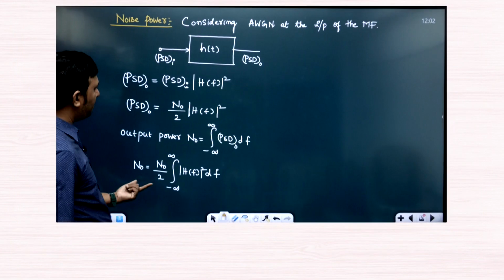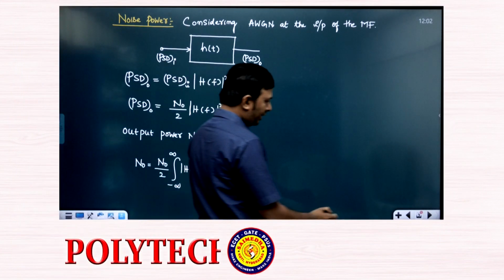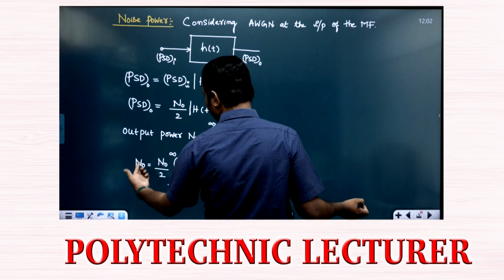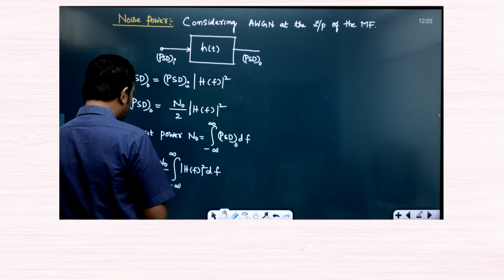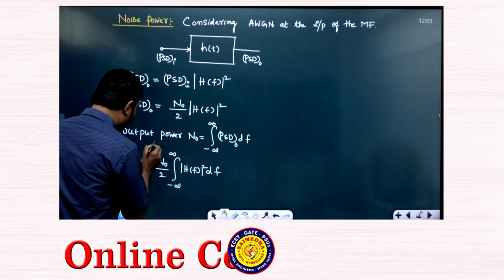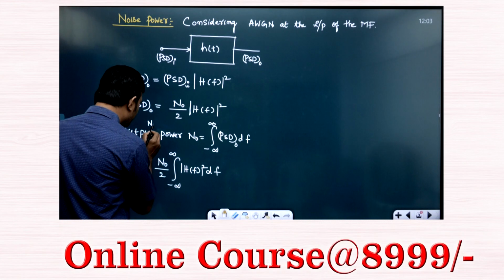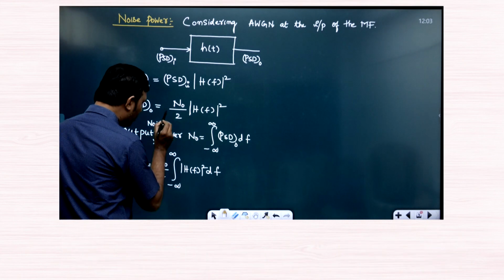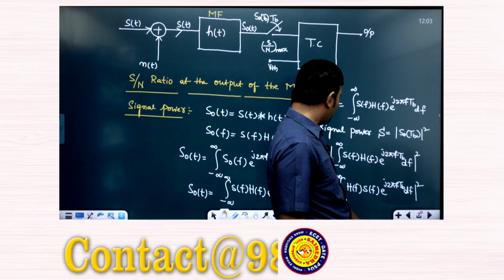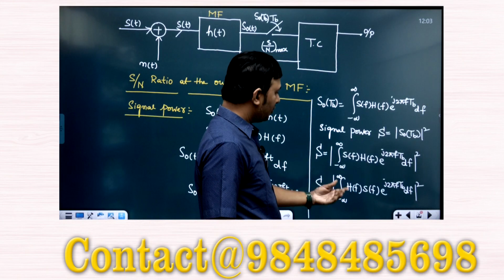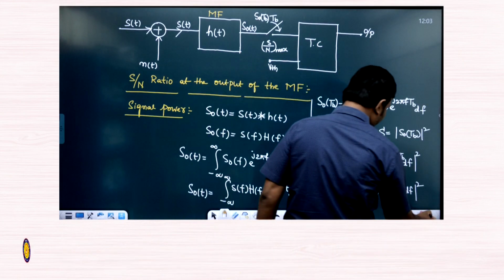So this is output power, and I got output noise power. Let me write output noise power, and signal power also I got, no, signal power. So, let us find out the signal to noise ratio.